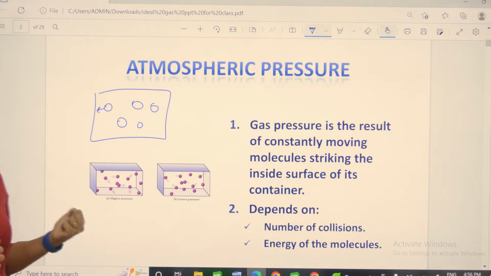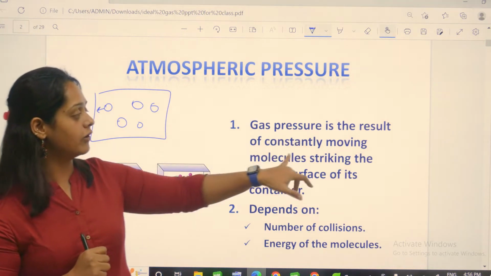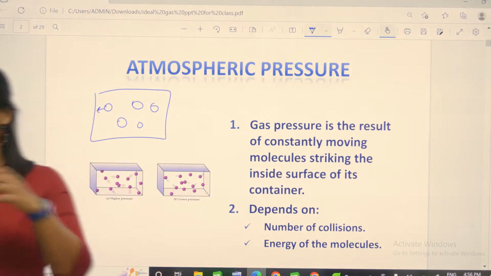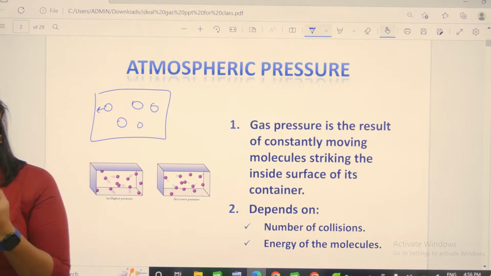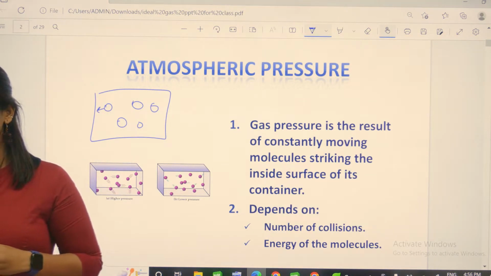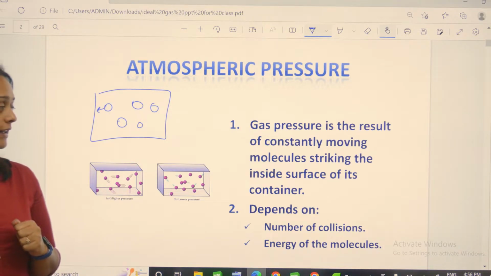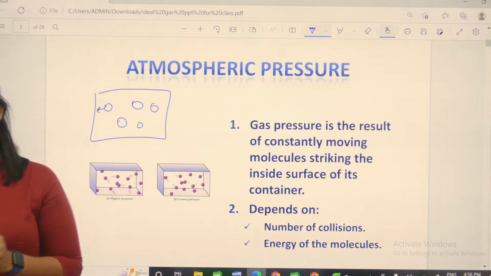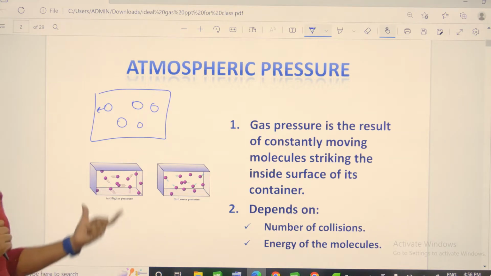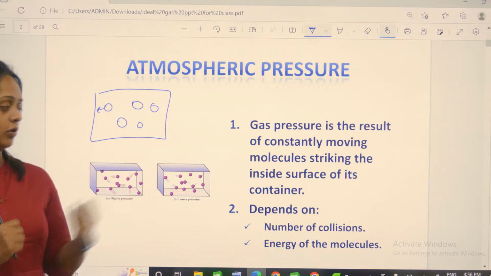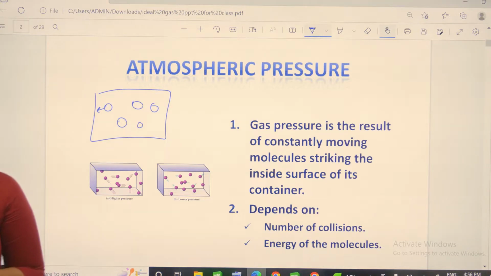If I try to understand, gas pressure results from constantly moving molecules. The particles which are present are colliding with each other, moving in all directions and striking each other. Now what would happen at high pressure and low pressure? The number of collisions, what do you expect?